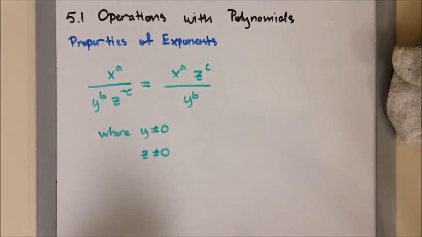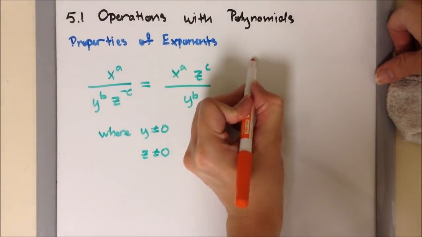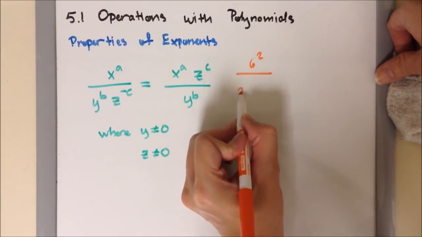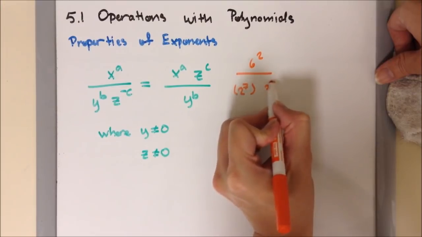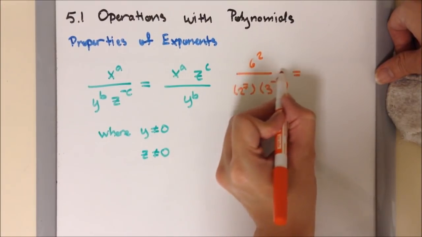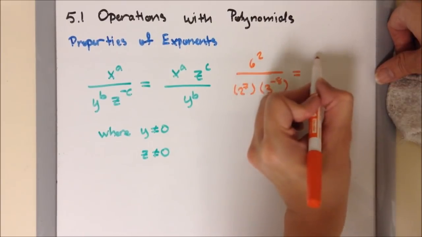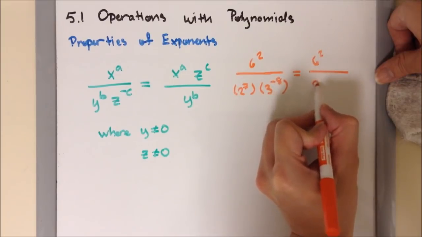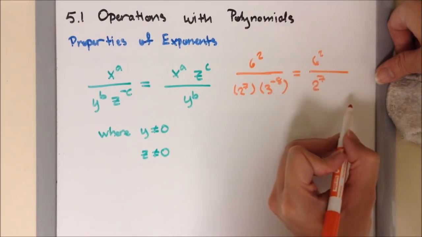Alright, let's do two examples. So say with numbers only, you have 6 to the 2nd power over 2 to the 7th power times 3 to the negative 8th power. Now the ones with positive exponents will stay where they are, so 6 squared on the top and 2 to the 7th power on the bottom.